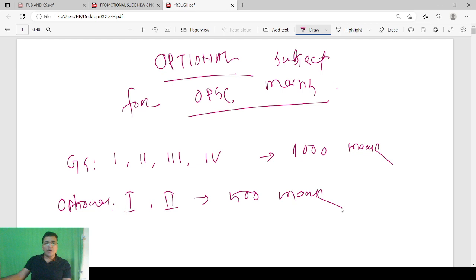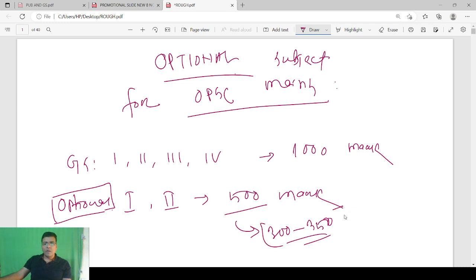So 1000 marks is general studies and 500 marks is optional. Still, optional plays a very important role. As we look into UPSC, out of 500 in optional you can score 300 to 350. So it is a very gettable score in optional.